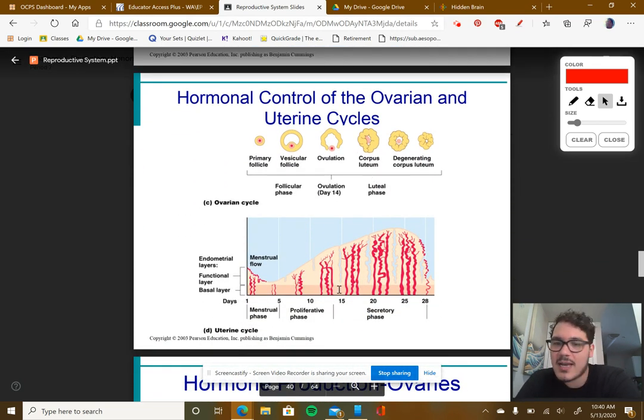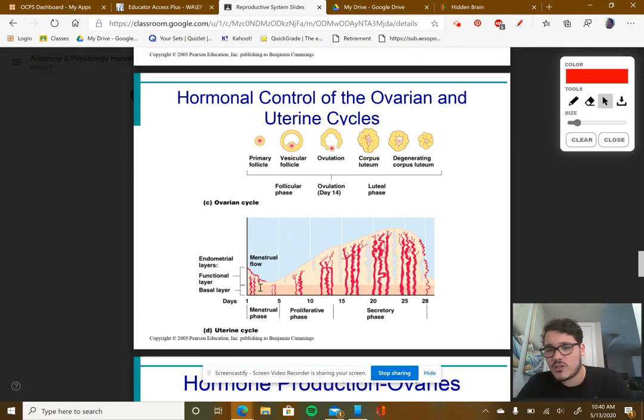Here we see, again, this is a great picture, not necessarily the top one, but this bottom one that shows the uterine cycle. It just shows exactly what the endometrium has to go through when it comes down to a regular cycle. We see here in the beginning, in days 1 through 5, that's on average how long the menstruating should last.